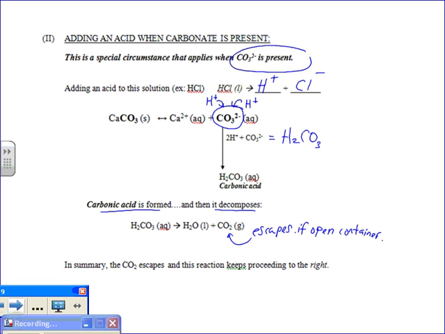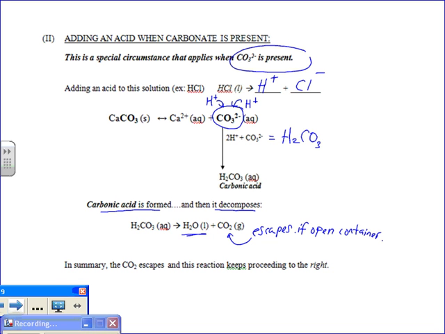Even if it doesn't escape, even if it's a closed container, it's still going to bubble up, and that gas is going to be in my beaker. But the carbonate ion is now gone from my saturated solution, and I'm left with some additional water here.